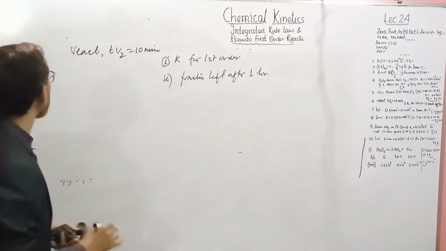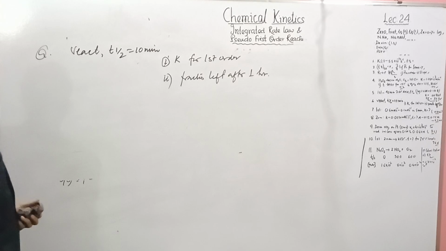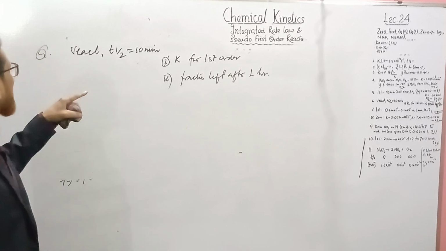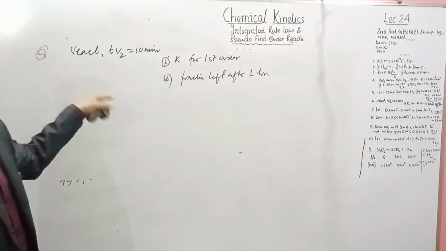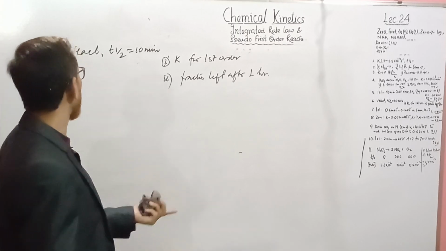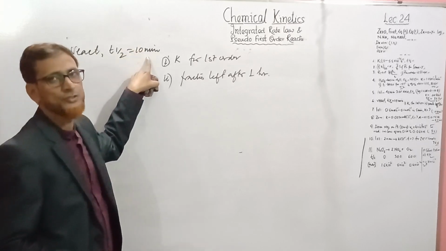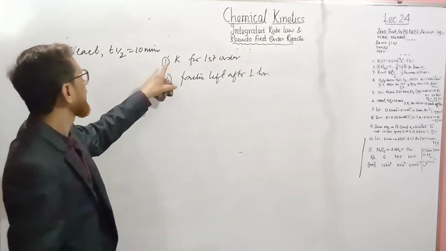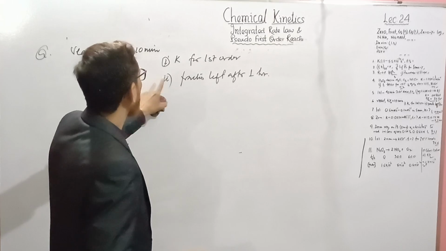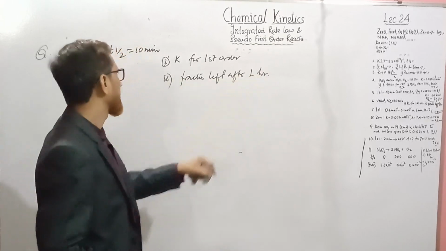Mind that this is a very important problem. In the transformation of the reaction, where some reactant is decomposing, the t half of the reactant is found to be 10 minutes, and you are asked to find K for the first order reaction and the fraction left after 1 hour.